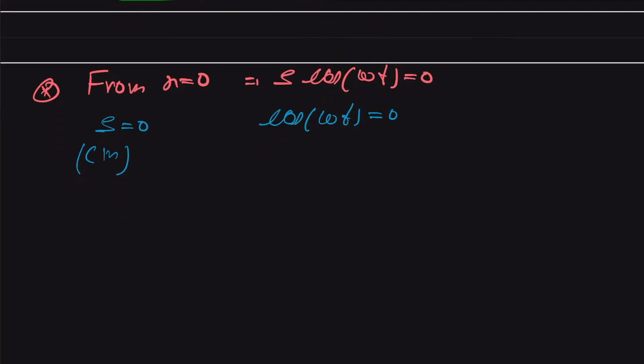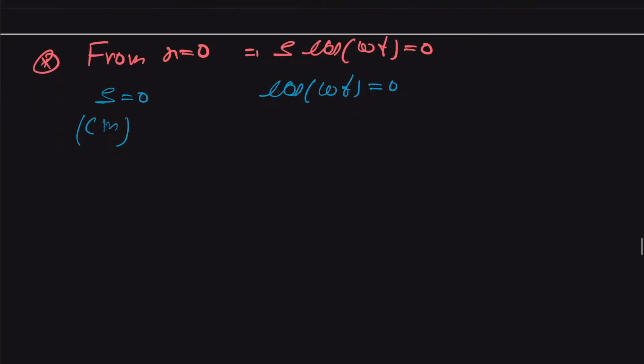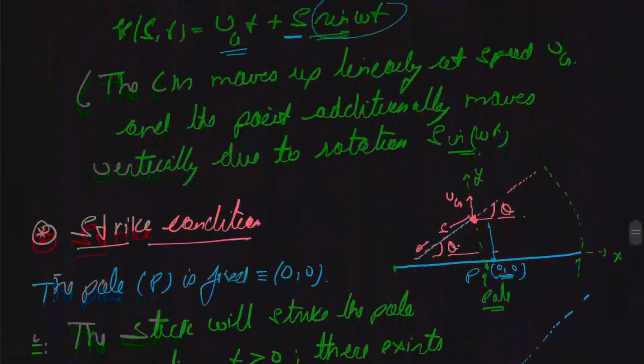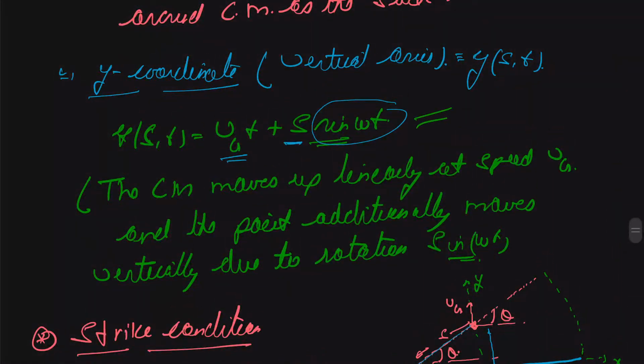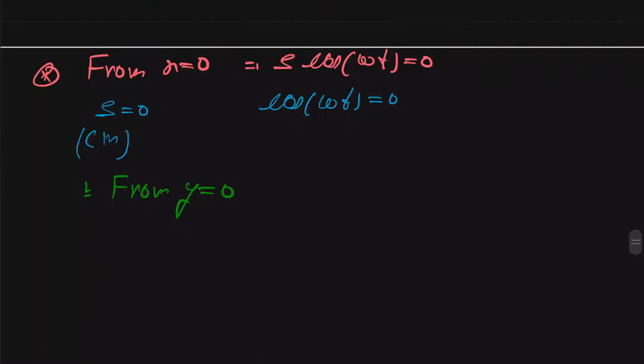And we come to our second point, that is from y equal to 0, and we already know the equation for our y, that is v of g times t plus s sine of omega t is equal to 0.